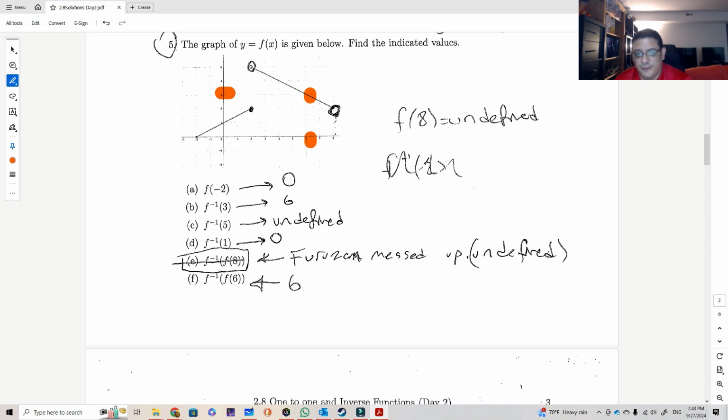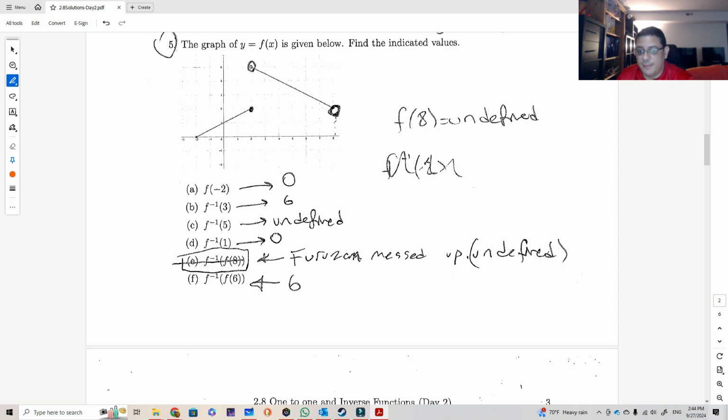So f of 8 is undefined, and because f of 8 is undefined, then f minus 1 of it is going to be undefined as well. It doesn't matter that we're doing f minus 1 of f. If the point doesn't exist on the domain, then it's undefined. F of 8 doesn't exist here, so I cannot do anything with it. Okay?